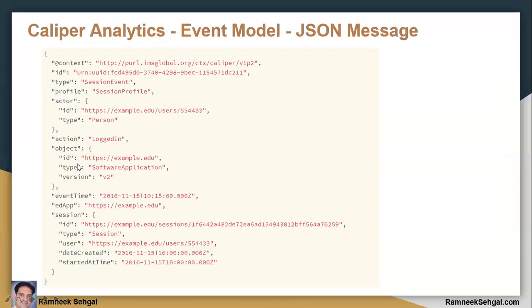So the key thing is that there are 80 ready-made actions across 15 profiles which we can use to capture information based on the Caliper Analytics spec, which helps to build a learning repository, a learner data related repository. And once we have captured that information, we can build any reports or any learning platform.